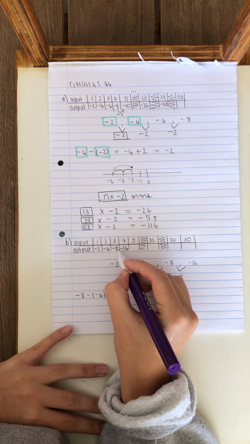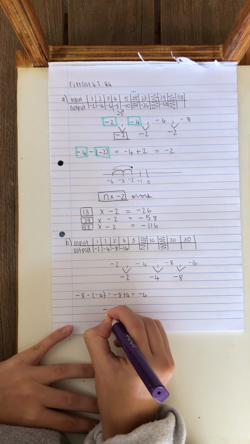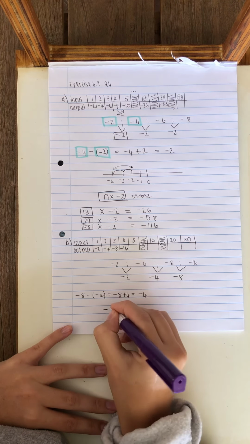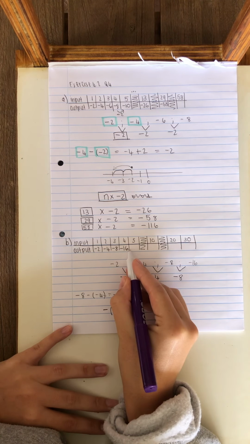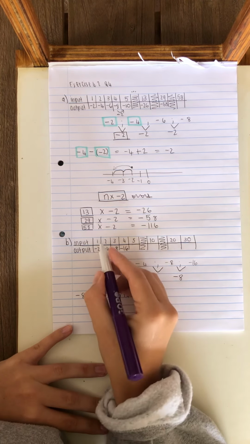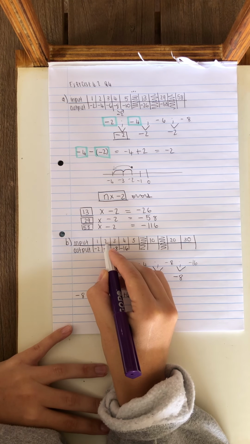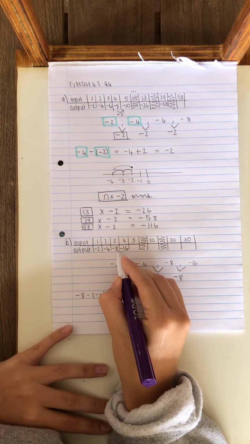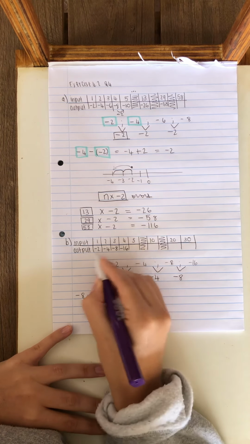Okay, so let me see. What could be is that you've got a negative, because my answer needs to be negative. Now it goes 2, 4, 8, 16. So if I've got 2 to the power of 1, that gives me 2. 2 to the power of 2 gives me 4. 2 to the power of 3 gives me 8. 2 to the power of 4 gives me 16. So there's a pattern there.